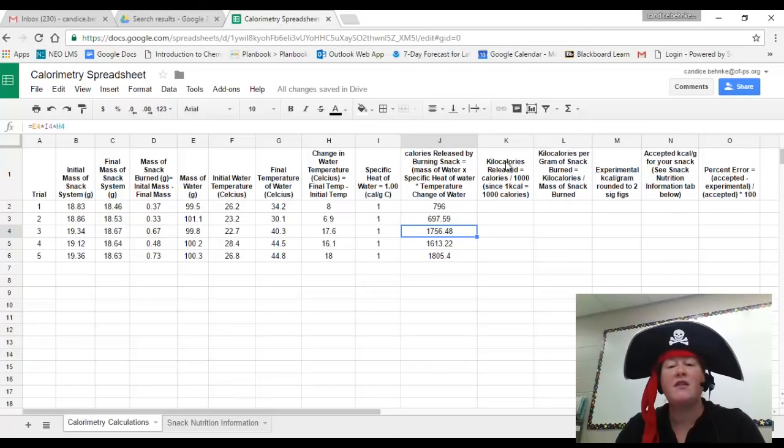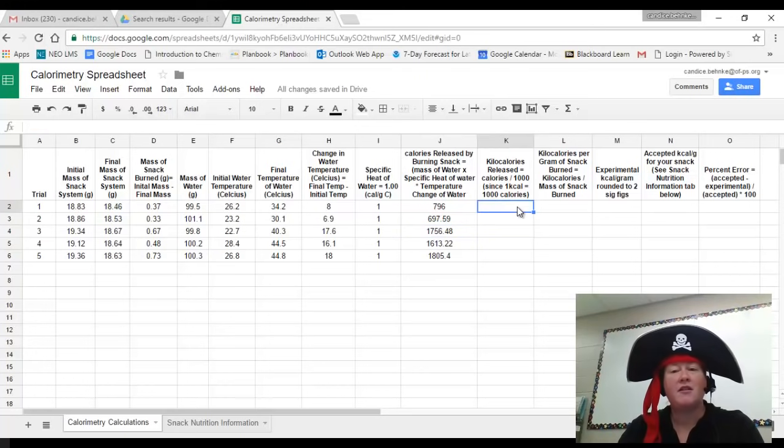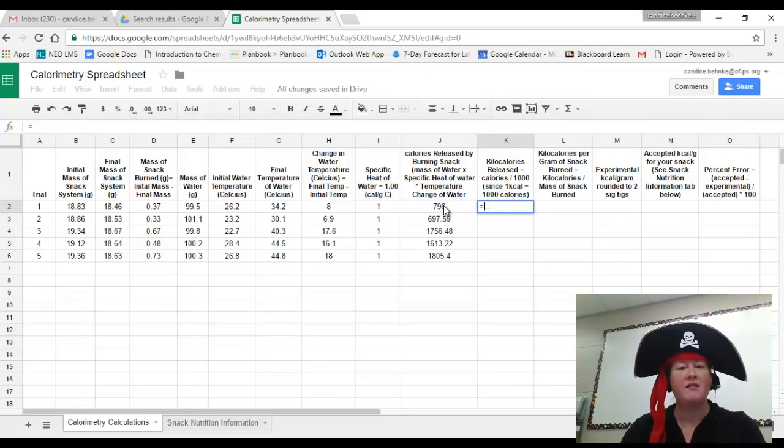And the way that we can do that is by dividing by 1,000. So again, another calculation equals my calories, which can be found in cell J2, divided by 1,000.